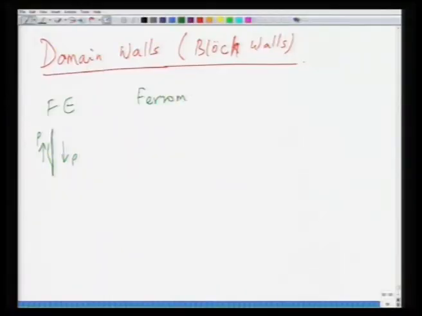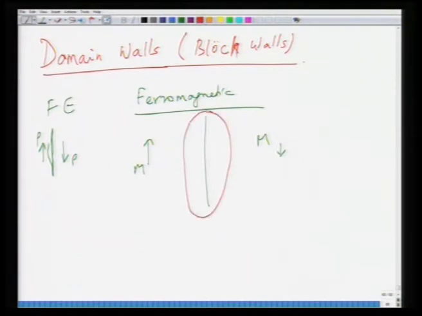Whereas in ferromagnetic material, it was proven by energy calculations that the magnetization M in one region cannot abruptly change at the boundary into another region. So this boundary is a fairly big region. When you look at it microscopically, you go from one magnetization to another slowly, like this.